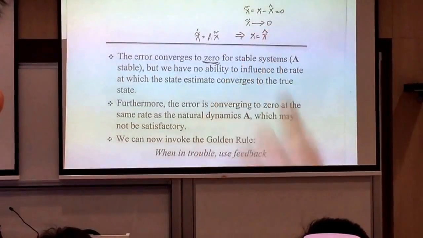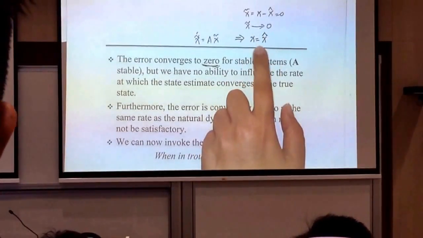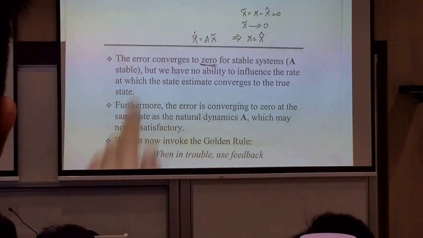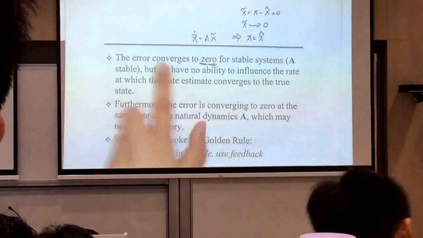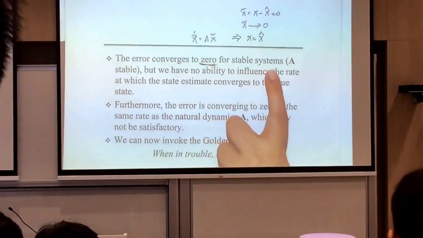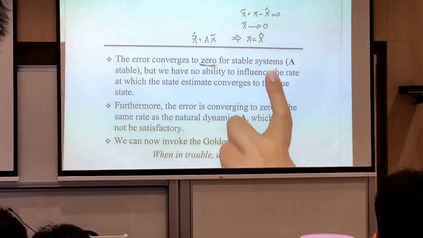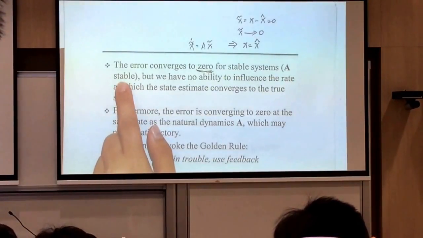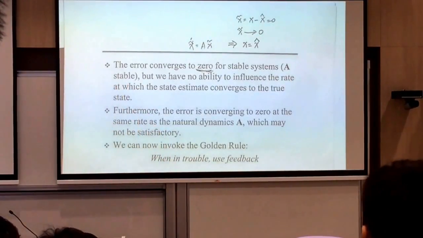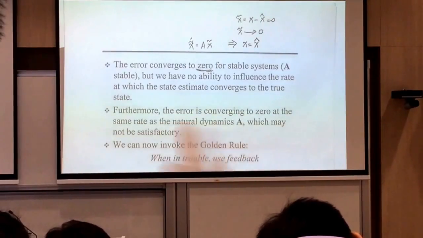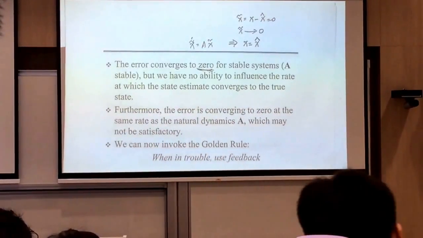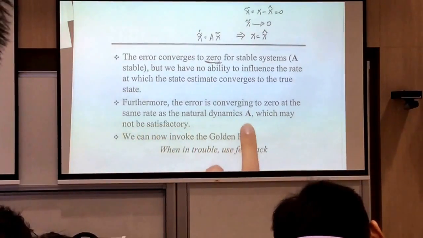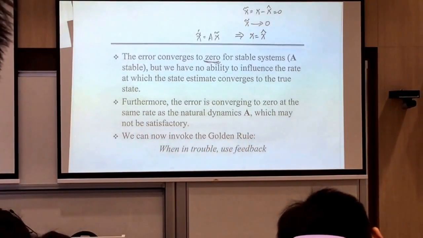When x tilde tends to 0, the state x equals your state estimate x hat. We said the error will definitely converge to 0 for stable systems, meaning the state matrix A is stable, the eigenvalues are negative. But you cannot influence the rate at which it converges to 0. It converges at the same rate as the natural dynamics of A, which may not be satisfactory.